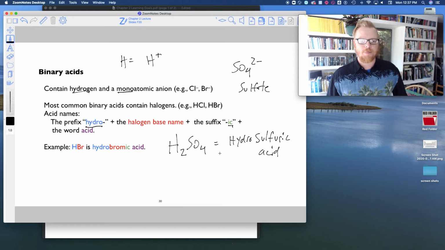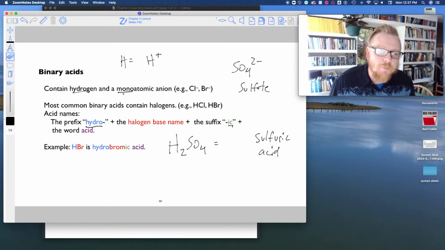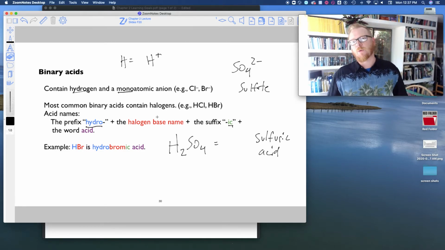I'm probably giving you a bad example here because technically that's for binary acids. So we're just going to call this sulfuric acid. Sorry about that. I got confused. Okay, sulfuric acid. So with the binary, with the monoatomic, that's where we use the hydro.